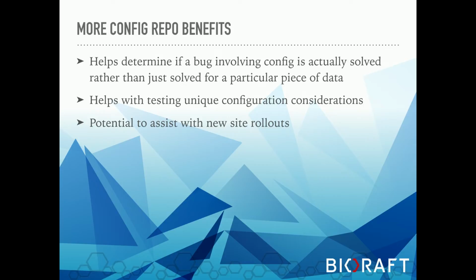Okay, so again, this does help in diagnosing whether a specific configuration is actually solved rather than just solved for a particular piece of data. That's really, really important. And it also helps with testing unique configuration considerations. So at BioRaft, we have our base platform, and then individual clients or customers have specific overrides.